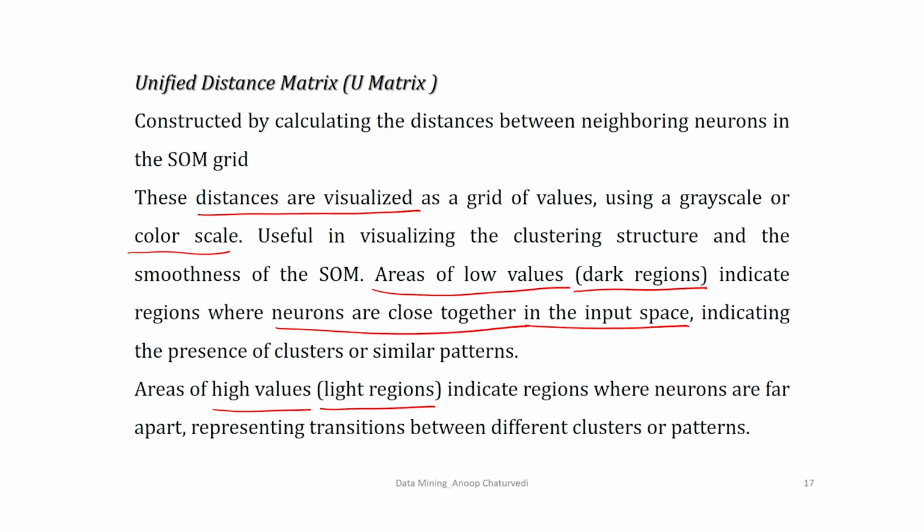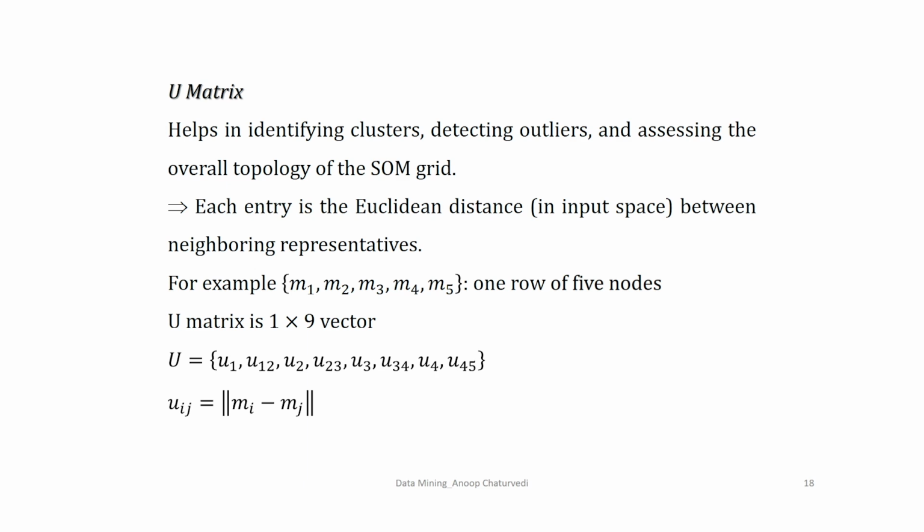So the high values indicate regions where neurons are far apart, and then these neurons represent transitions between different clusters or patterns. So U matrix actually helps in identifying the clusters or detecting the presence of outliers or assessing the overall topology of the SOM grids.